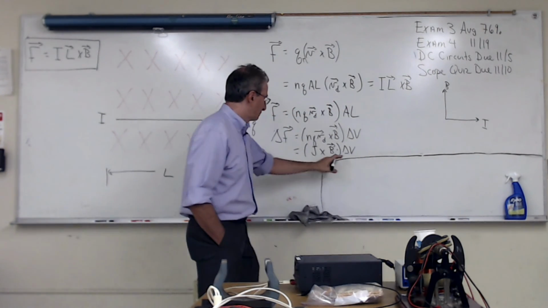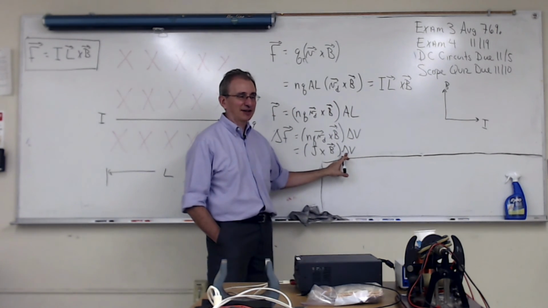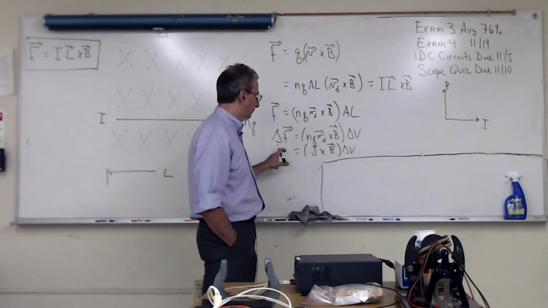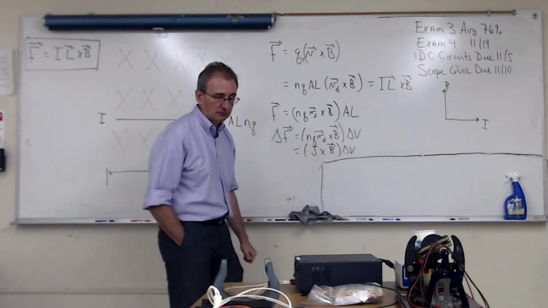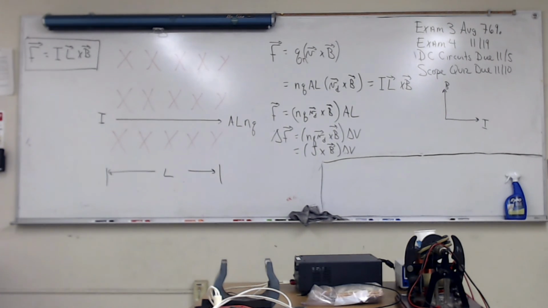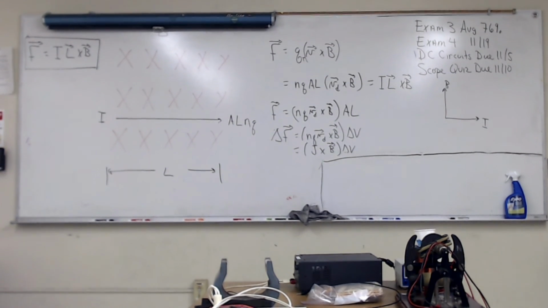And these delta F's, really, I've got to make the volume small enough so that this is constant. So I've got to make this a dV, and this a dF. And then I'd have to integrate over the volume. We're not going to do any of those problems, okay? Just so you're aware.